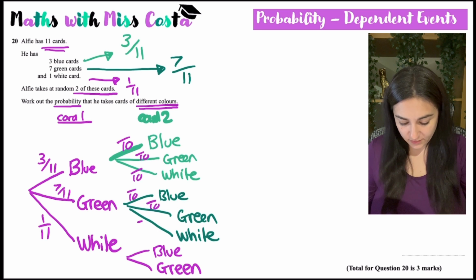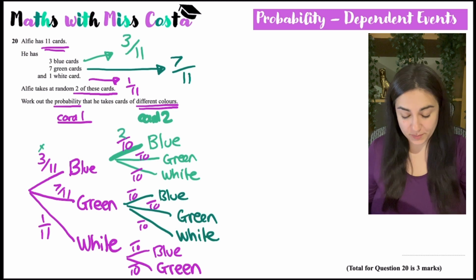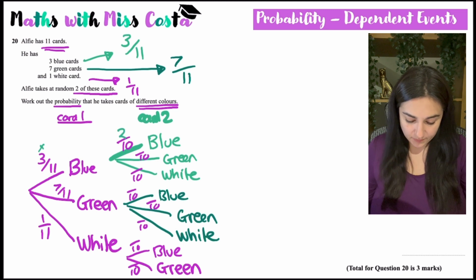Then what we can do is think about the probabilities. So if you've taken a blue card already, you've taken 1 away, so the probability would be 2 over 10. The probability of green would be 7 because you haven't done anything with that green card, and the probability of a white card would stay the same.